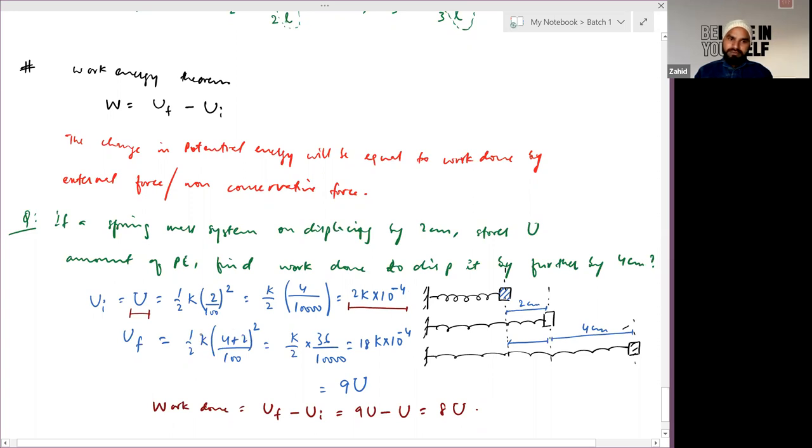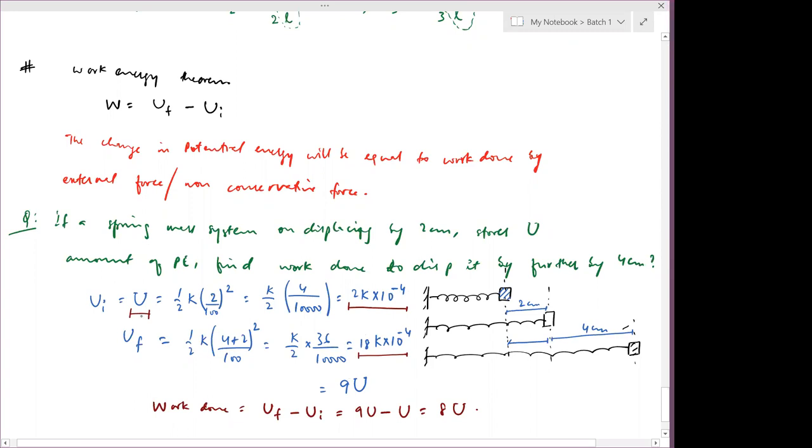On solving for the final potential energy, we get 18k into 10 to the power minus 4. So 18 is nothing but 9 times 2. That's why I've written 9U. Or you may divide these two terms to get the final in terms of U.